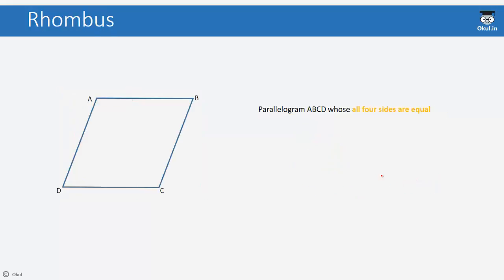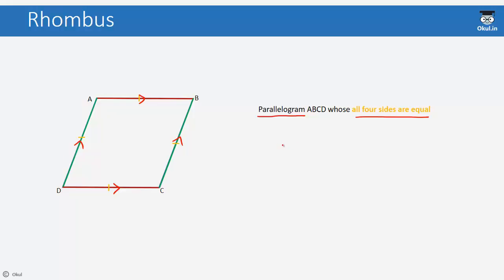Now a rhombus. So what is a rhombus? A rhombus is a parallelogram ABCD whose all four sides are equal. Since a rhombus is a parallelogram, I know that AB is parallel to CD and AD is parallel to BC. Apart from this, all four sides of the rhombus must be equal. That is, AB equals BC equals CD equals DA.